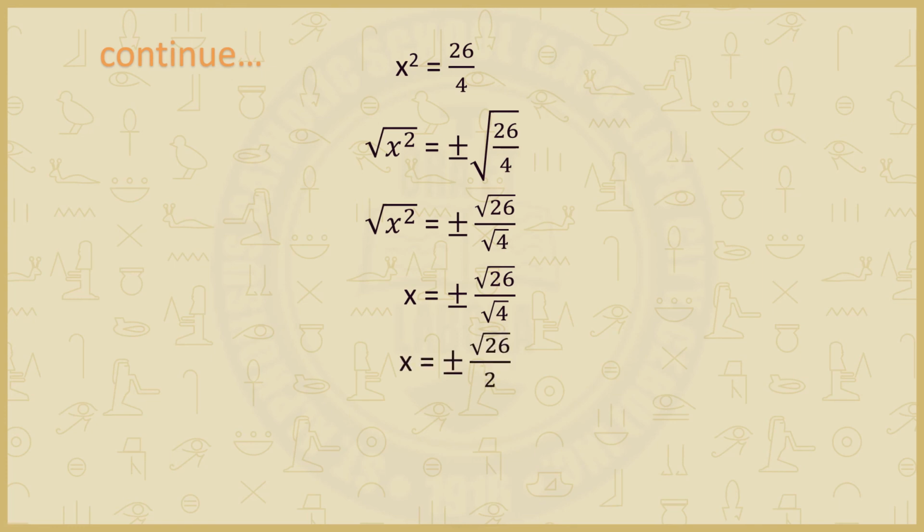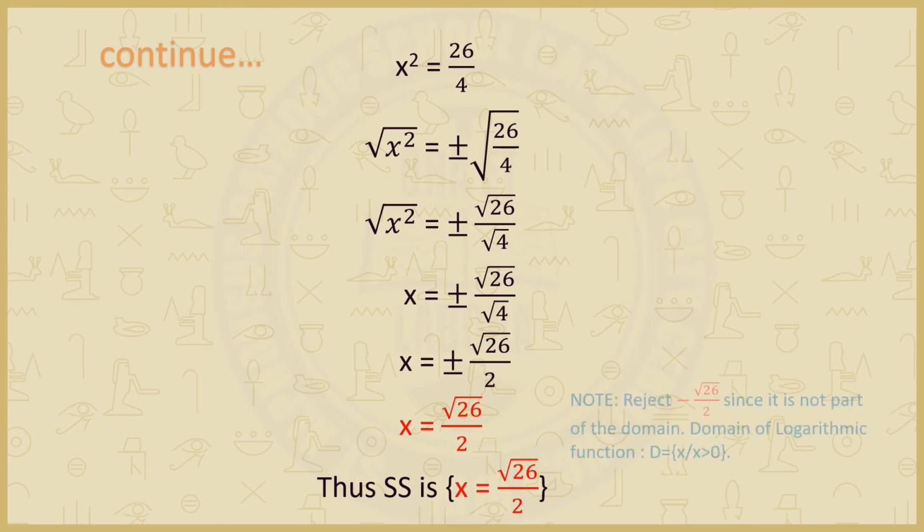Simplify them further. The square root of 4 is equal to 2, and this is our answer. So the solution set is x is equal to square root of 26 over 2. Note, we reject the negative square root of 26 over 2 since it is not part of the domain. The domain of a logarithmic function is x such that x is greater than 0.